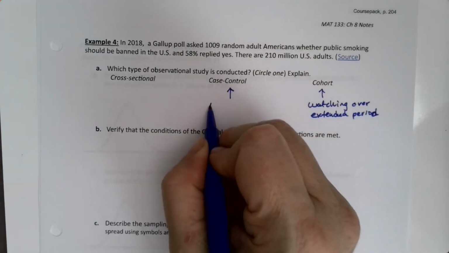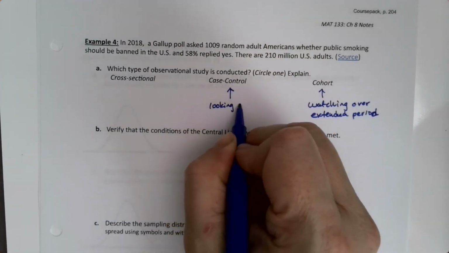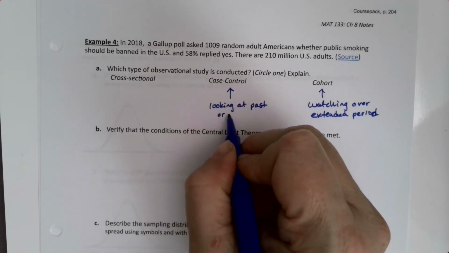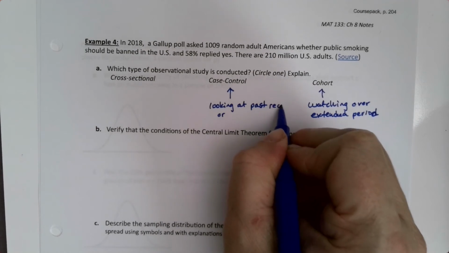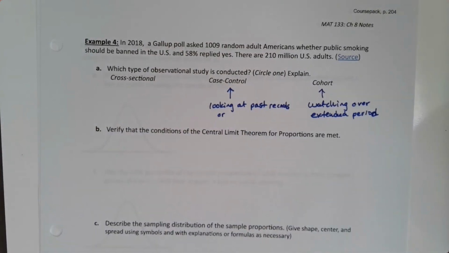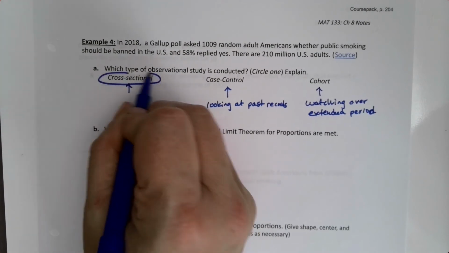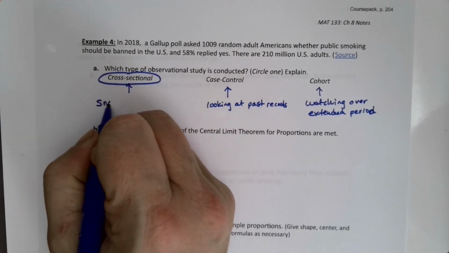This is looking at past records. It can be the past or records or both, but here I'll just say past records. That's the most common way to do it. And then this one, which is obviously the one we have, is a snapshot in time.